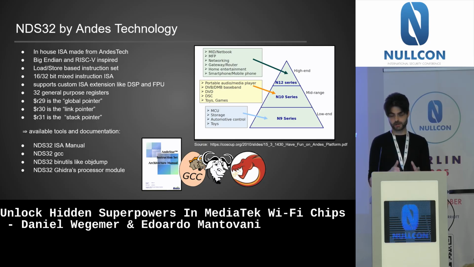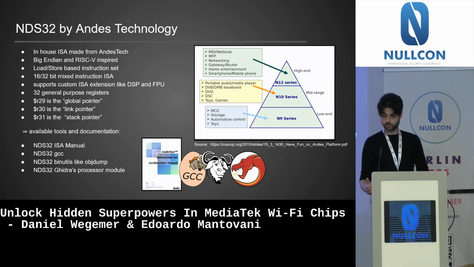So when the firmware needs to access some heavily used global variables, essentially it reads the base address from this register. And then there are two other registers which are quite common in assembly language, and those are the link pointer and the stack pointer.